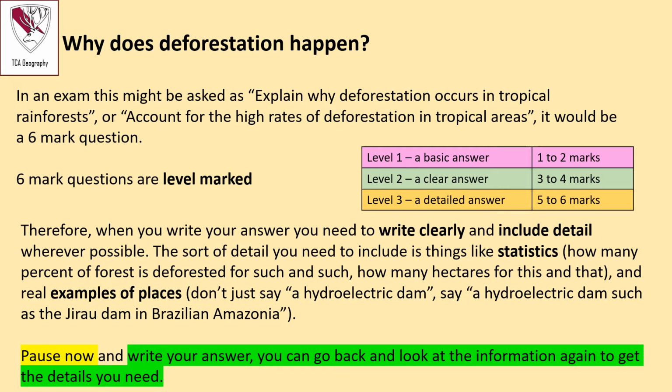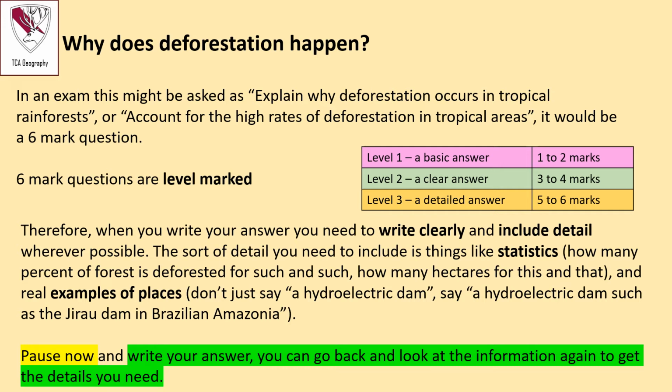And then some real examples of places. So if you're trying to explain that the production of electricity by hydroelectric dams causes deforestation, don't just say building a hydroelectric dam, say a hydroelectric dam such as the Jirau Dam in Brazilian Amazonia.